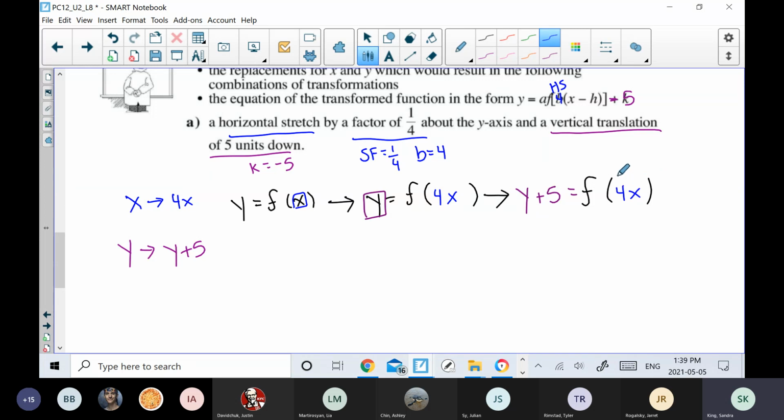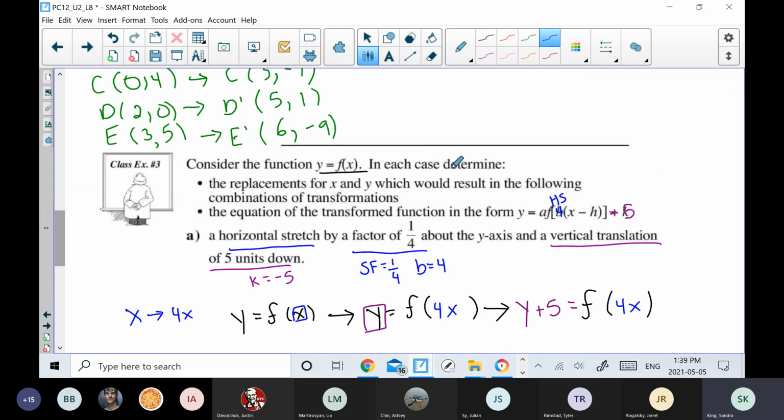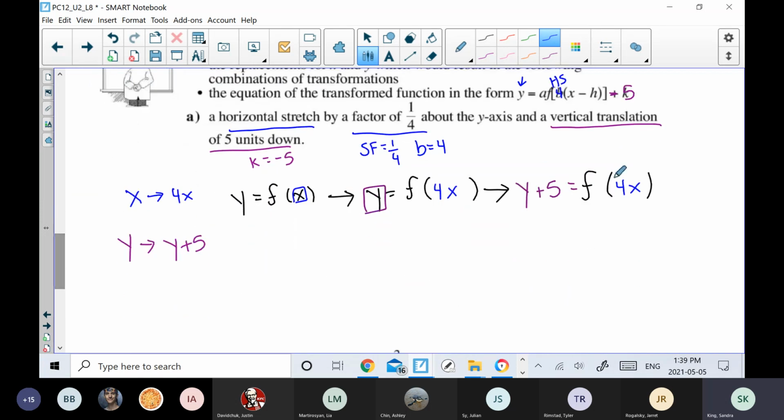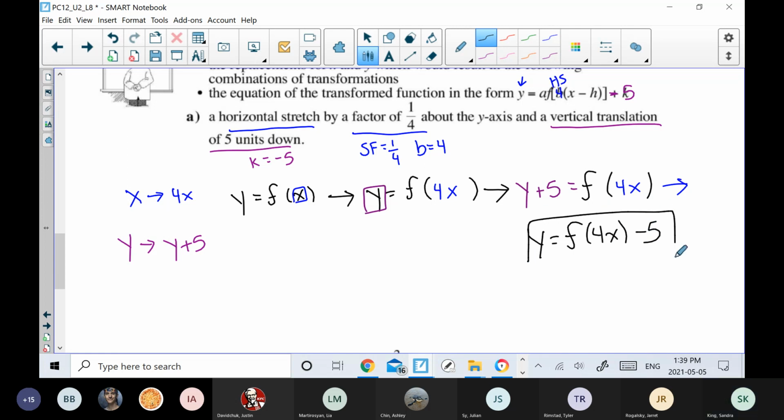I am pretty much done, but they want it in this form here, which is telling me they want me to isolate the Y. So I got to get rid of that plus 5 by subtracting 5 from both sides. And my final answer would be F of 4X minus 5. That would be your answer using replacement notation.